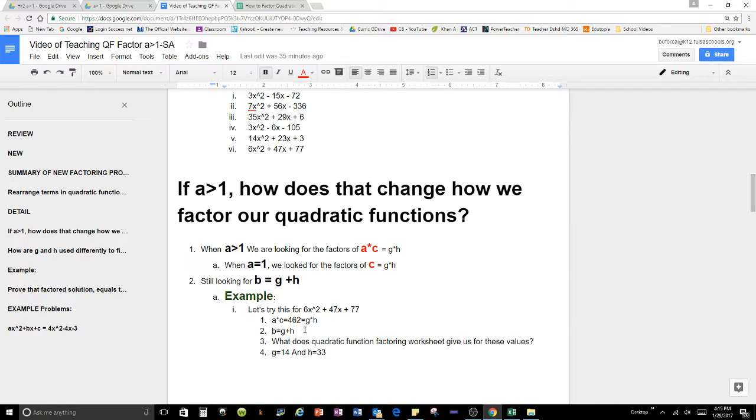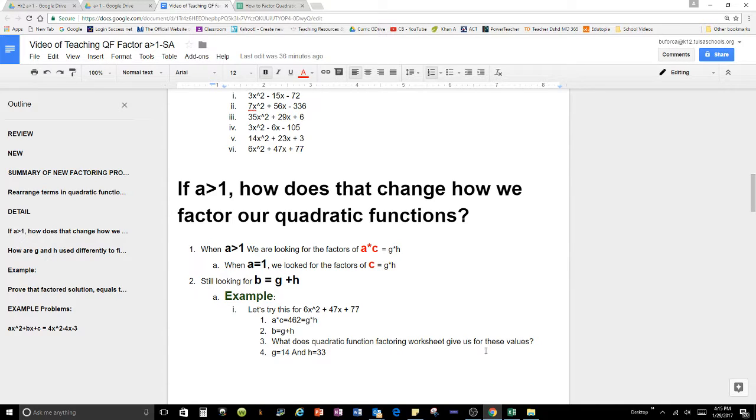But at the same time, we need g plus h to equal b, and we know that b is equal to 47. So whatever our numbers are, we need g plus h to equal 47, and g times h to equal 462.